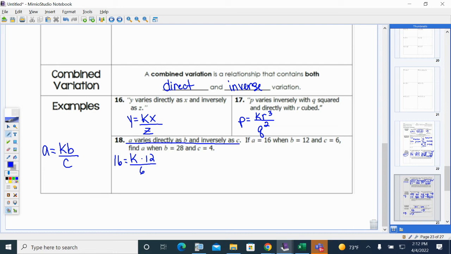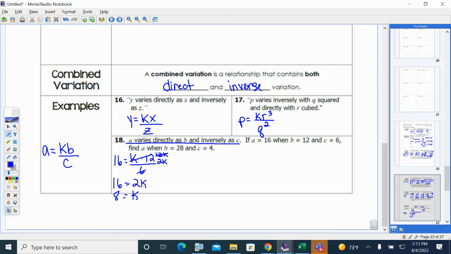K times 12 is the same thing as 12K. And 12K divided by 6 is 2K. That's where my brain went. So I've got 16 is equal to 2K. Divide both sides by 2, and you get K equals 8. You may not have solved it like that, which is fine. Whatever method you want to use there to get K equals 8 is great.